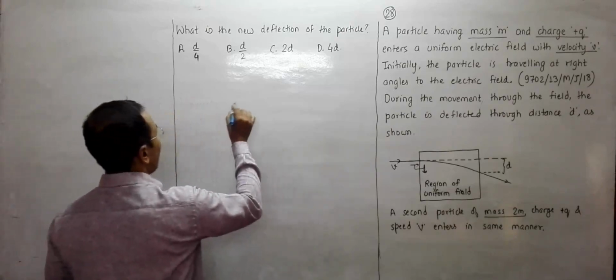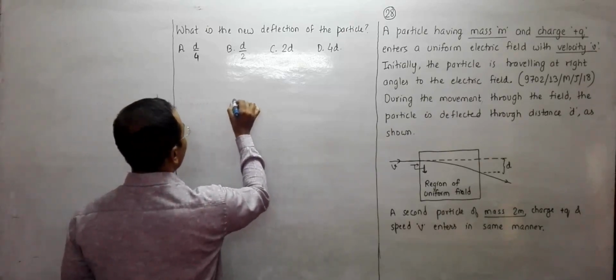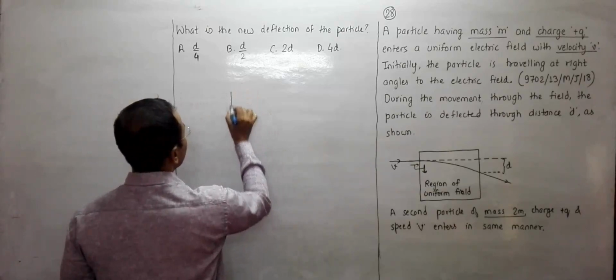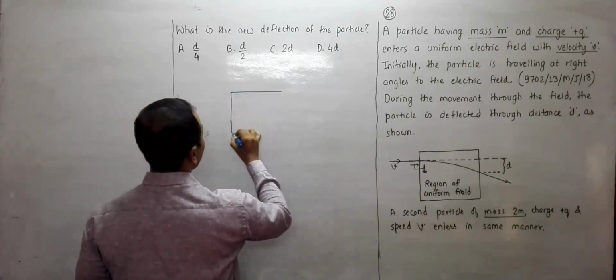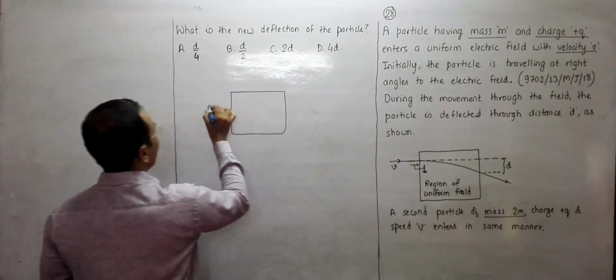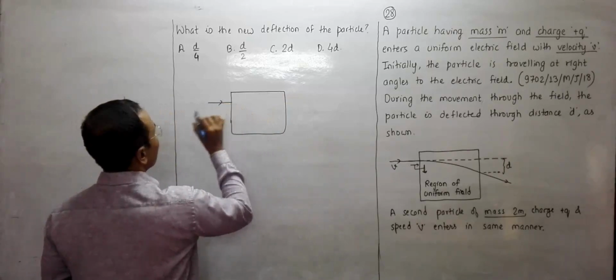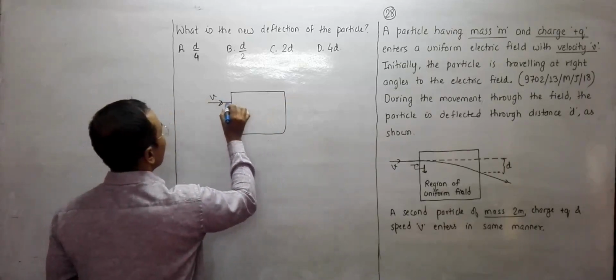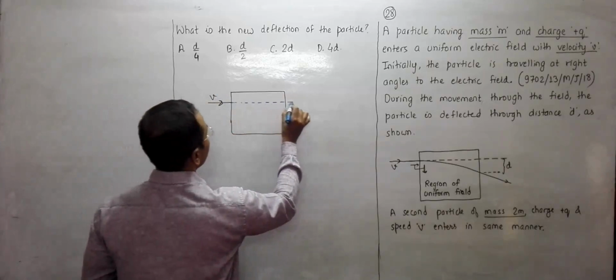For this, the motion is very similar to the projectile motion that we studied. If I have a simple diagram here, a simple field as shown, a particle enters like this with a velocity v and deflects like this.